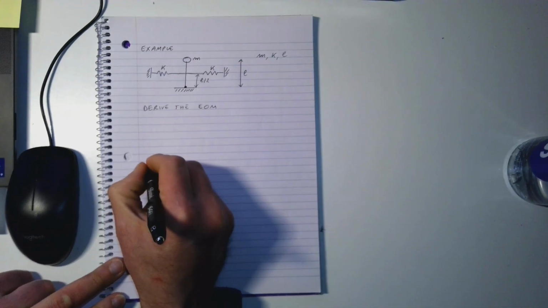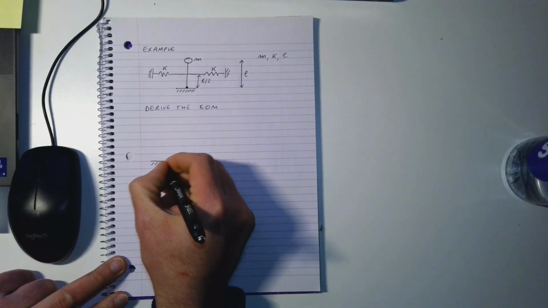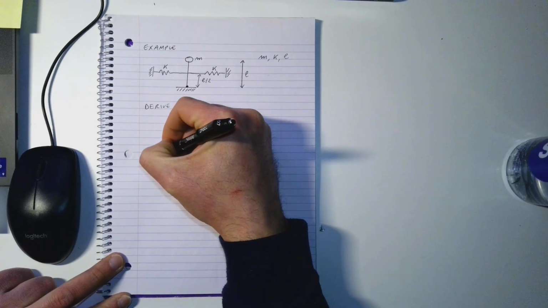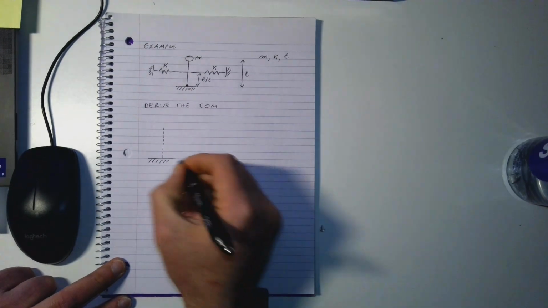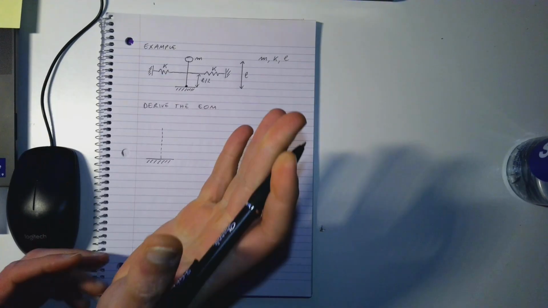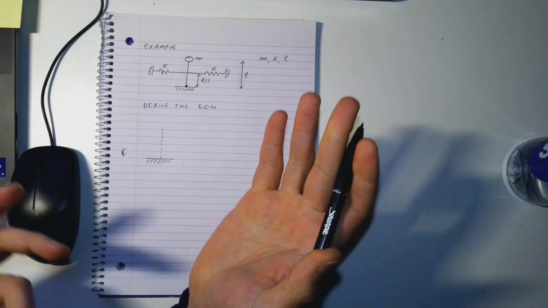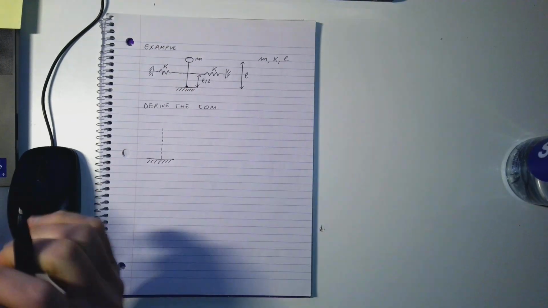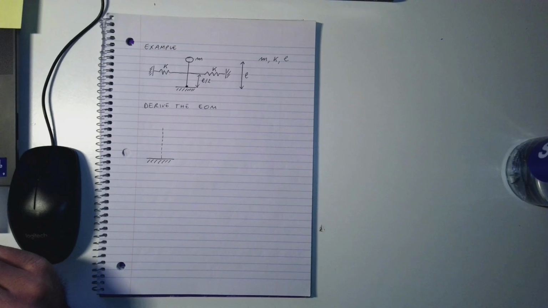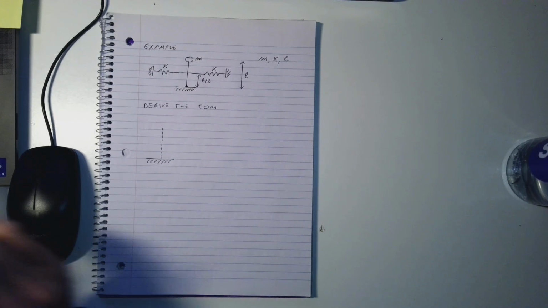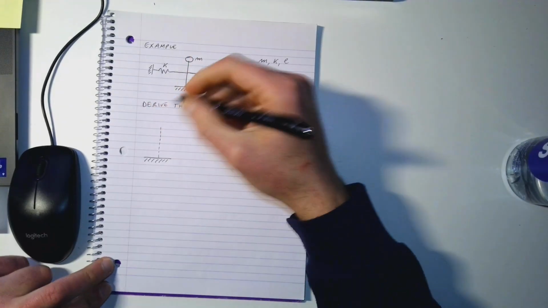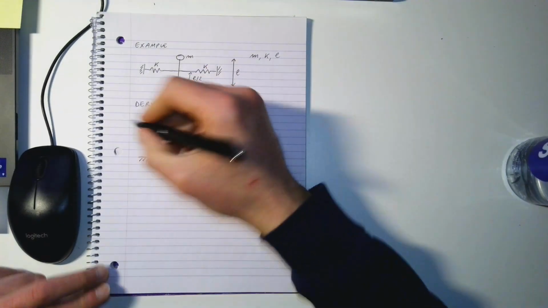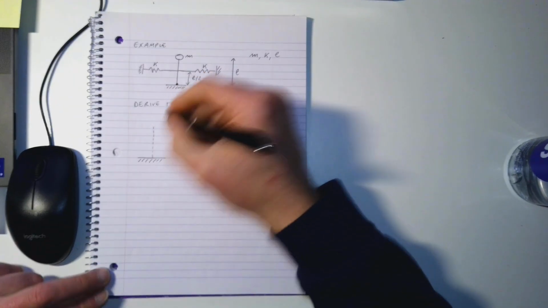Here we have the ground. This vertical will be the equilibrium position. So let's assume we are in a position that is different from the equilibrium. Of course, I'm going to exaggerate the deflection, but we always need to assume that we are under the assumption of small deflection. So I'm going to draw a big angle, but we know that in reality the angle is very small.